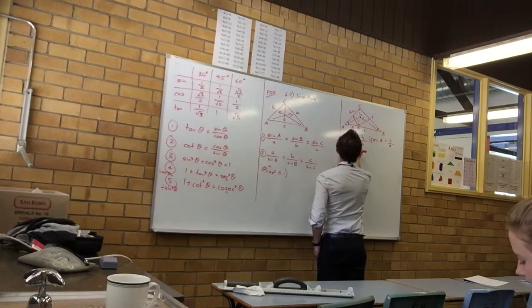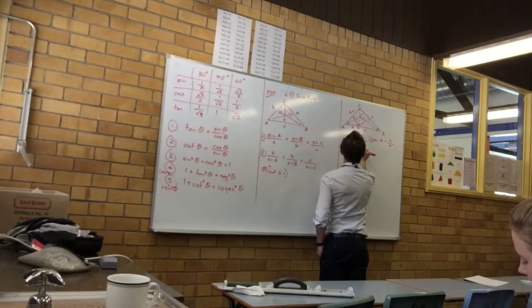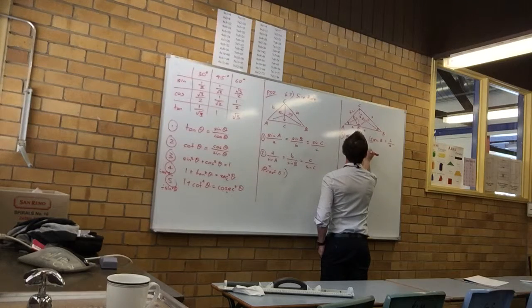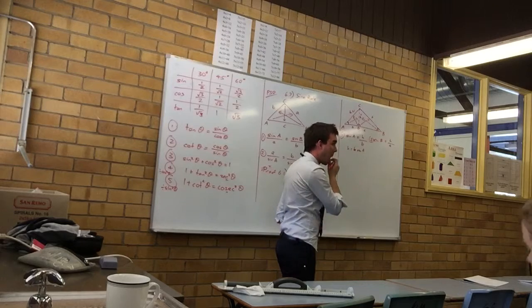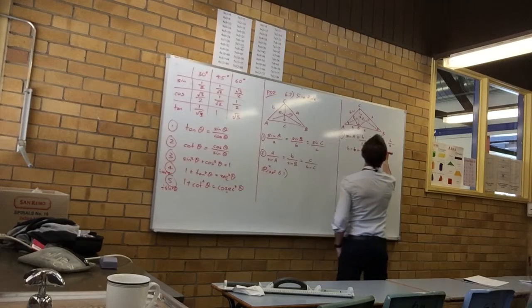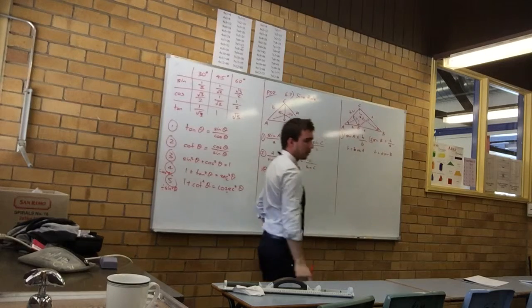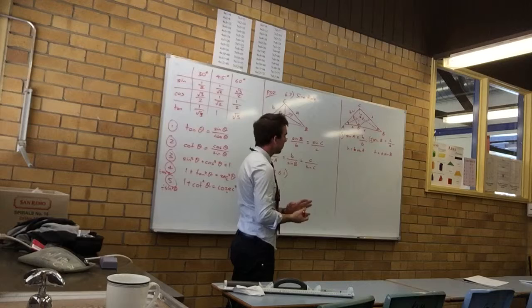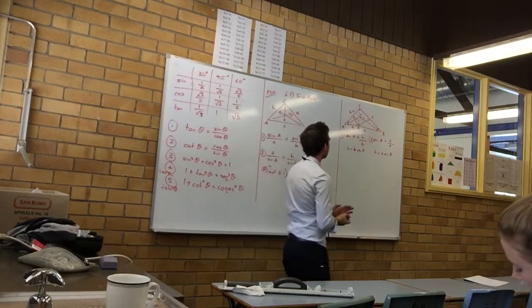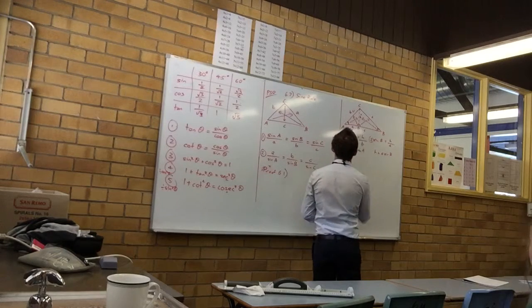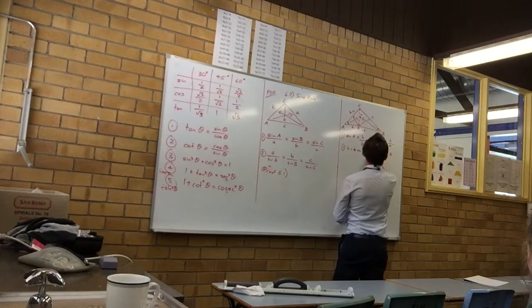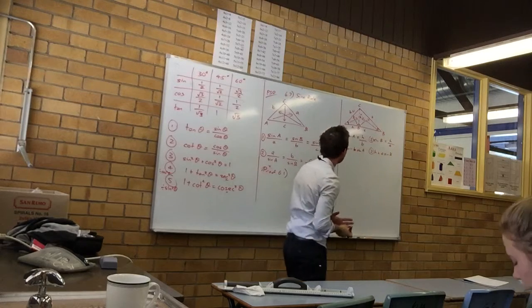So, H is going to be B lots of sine of the angle at capital A. And for this equation, H is also going to be A lots of sine of the angle at capital B. So this is really still 1, this is really still 2, just rearranged.